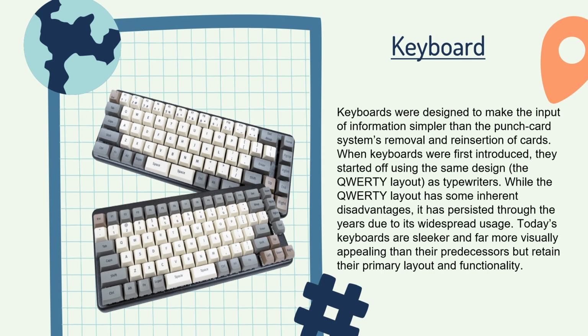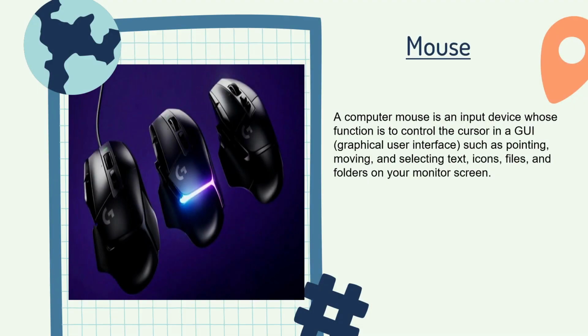While the QWERTY layout has some inherent disadvantage, it has persisted through the years due to its widespread use. Today, keyboards are slicker and far more visually appealing than their predecessor, but retain their primary layout and functionality.